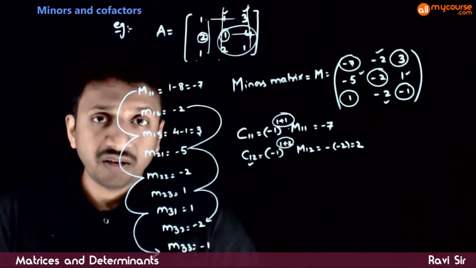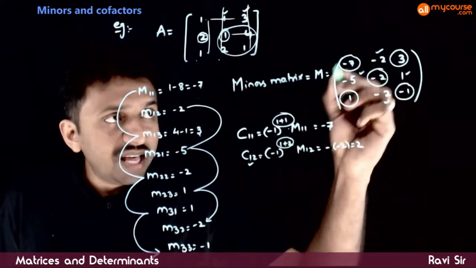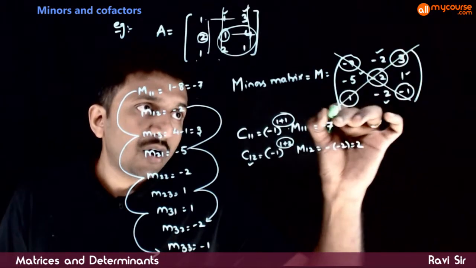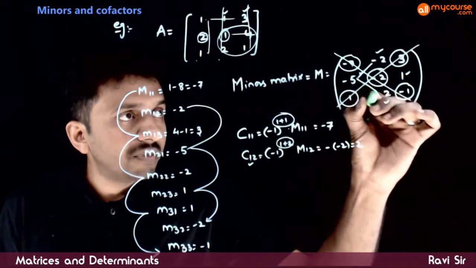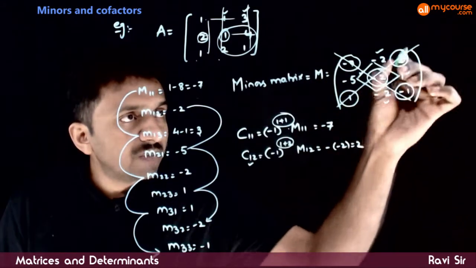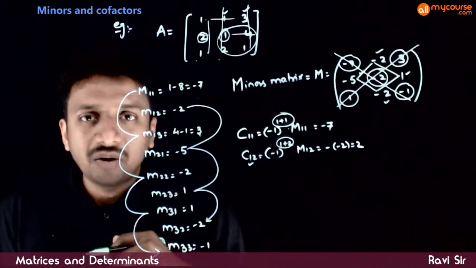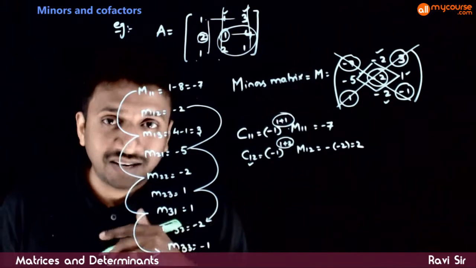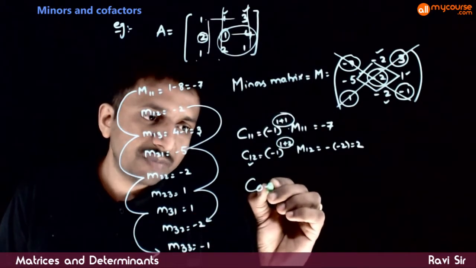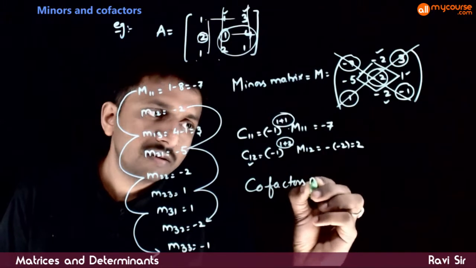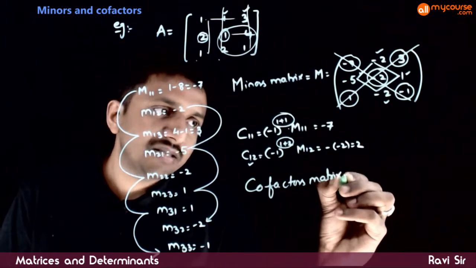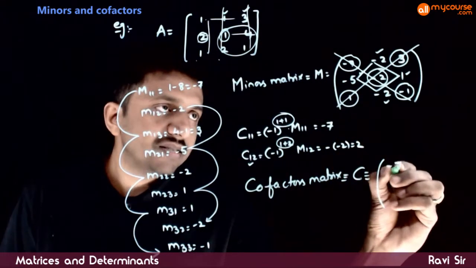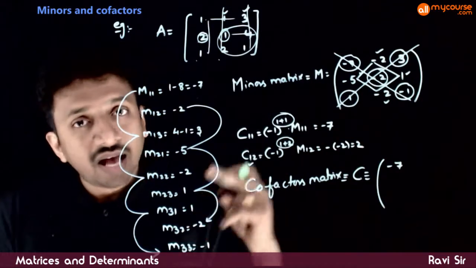Usually, how to remember this is, if you take a 3 by 3 matrix, you get something like a cross mark and a rhombus. Cross mark means you don't need to change anything about those elements, and the remaining 4 elements have to change their sign. So what is the cofactors matrix for this? The cofactors matrix, usually denoted by C, is nothing but this: the elements on the cross sign are exactly the same.